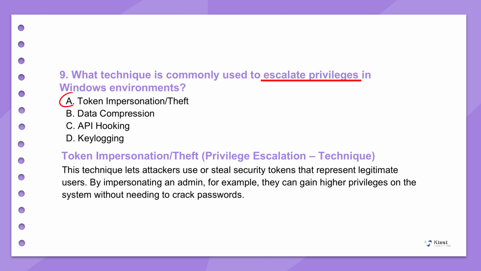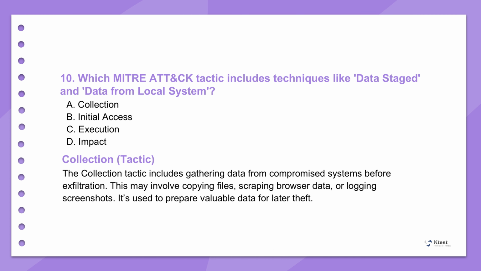Windows uses tokens to manage permissions. If an attacker can steal the token of, say, an administrator account, they suddenly become an administrator, at least as far as the system is concerned. Effectively, yes. It lets them do things their initial low-privilege access wouldn't allow: installing software, changing system settings, accessing restricted files. It's a massive step up in control.